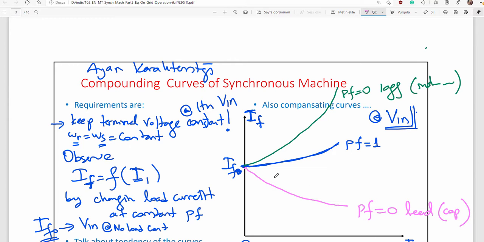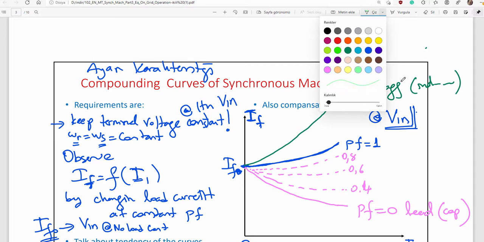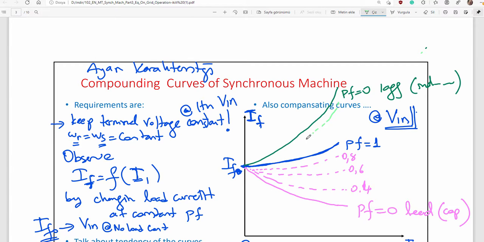And then you know that there are some additional curves, power factor 0.8, let's say 0.6, 0.4 for example. And then here would be some other curves, 0.8 lagging, 0.6 and 0.4.